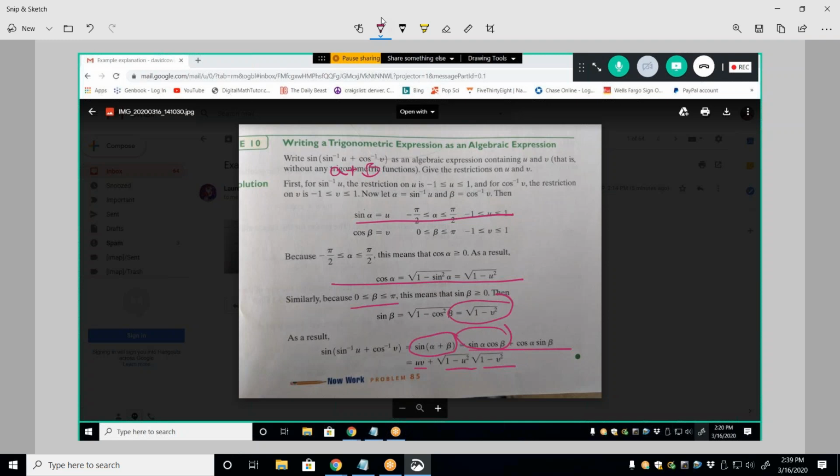Well, this is a strange one. Whenever you have that, it's equal to 1 when u is greater than 0, and it's equal to -1 when u is less than 0, right?